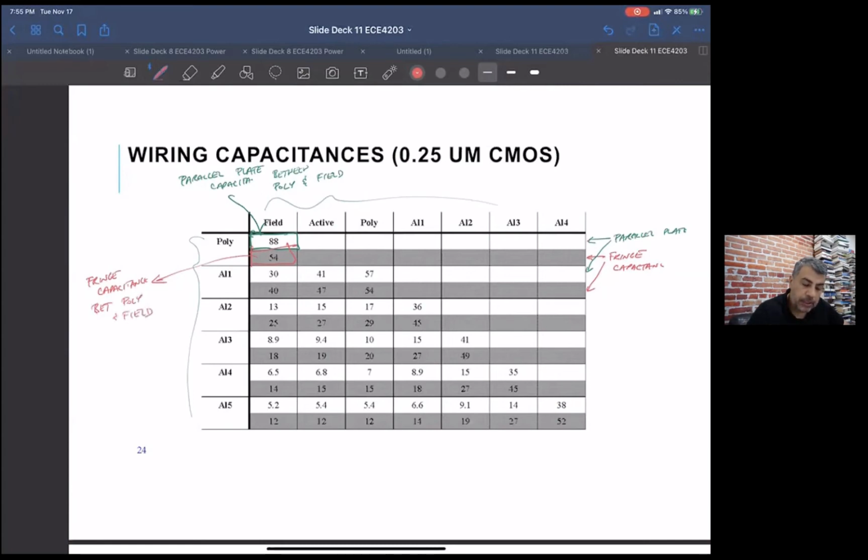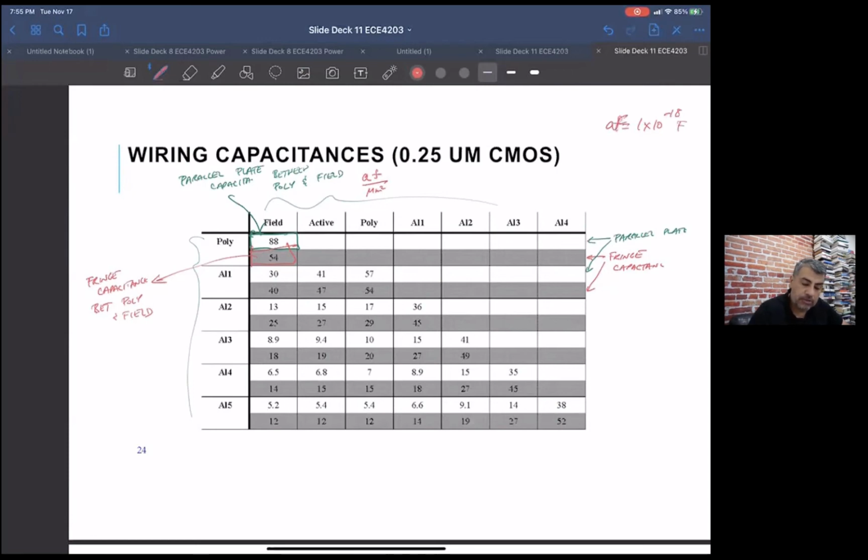Now the parallel plate capacitance is typically given in units of attofarads per micron squared. But the upshot is it's given in terms of capacitance per unit area. So atto, just incidentally, is 1 times 10 to the minus 18. So an attofarad is that many farads.